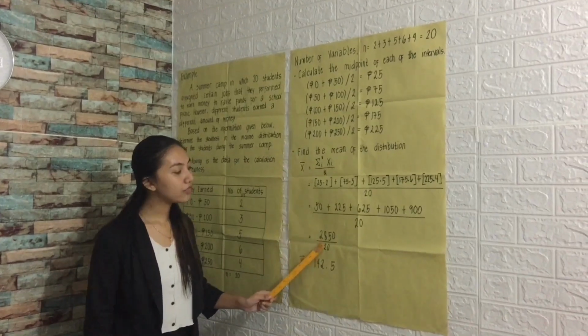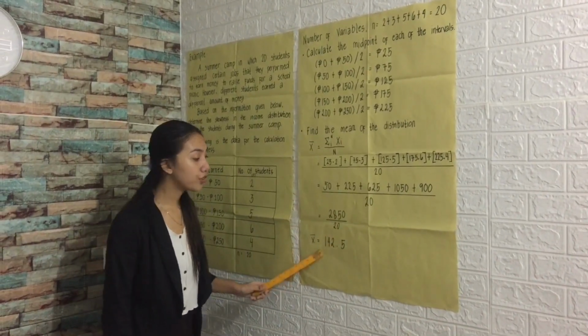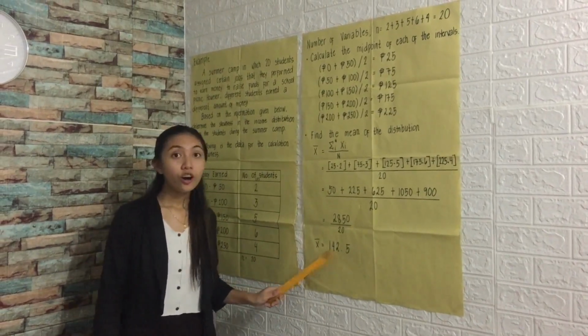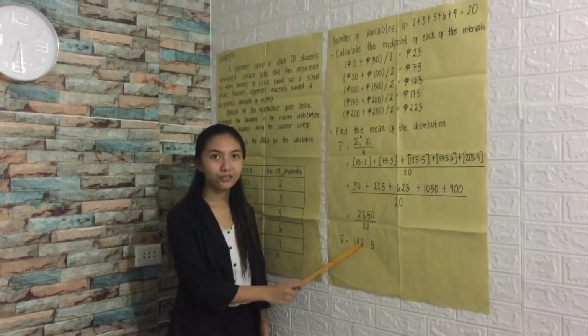So 2850 divided by 20 is equal to 142.5. So the mean of the distribution here is this one, 142.5.